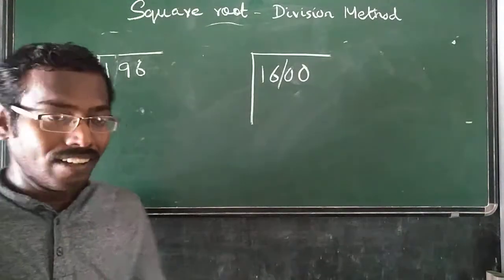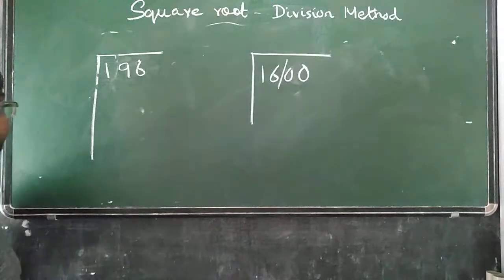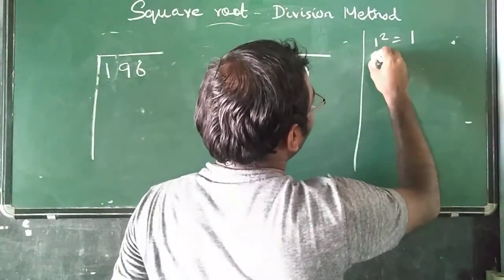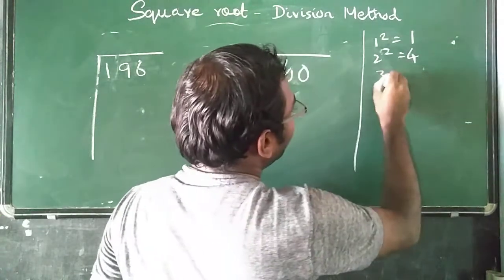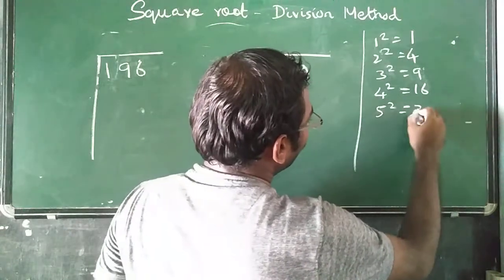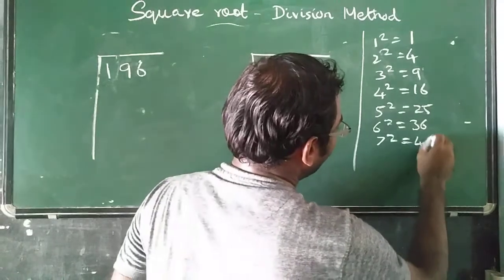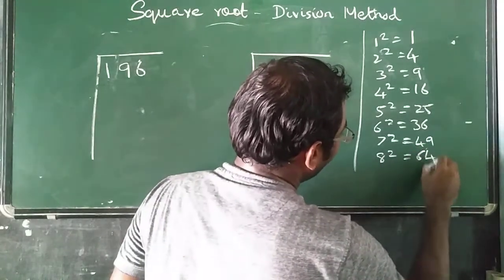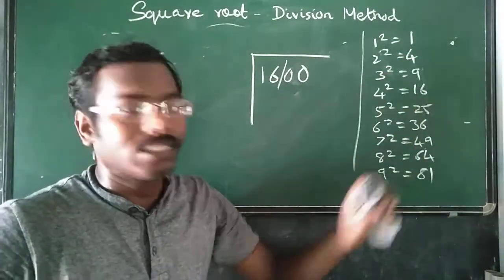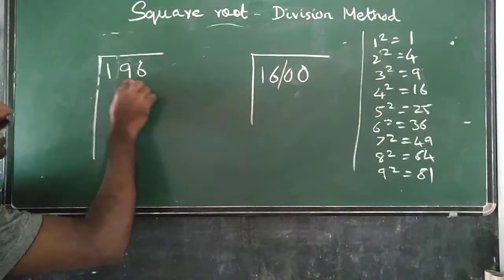Your question may be whether I take the first number only or the first 2 numbers, because our square values are like this: 1 square is 1, 2 square is 4, 3 square is 9, 4 square is 16, 5 square is 25, 6 square is 36, 7 square is 49, 8 square is 64, 9 square is 81. Some values are single digit, some values are 2 digit. So you have a doubt whether I will take this as 1 or as 19.